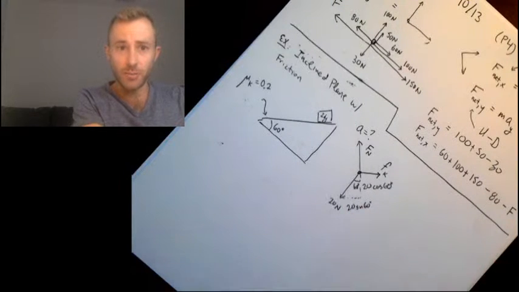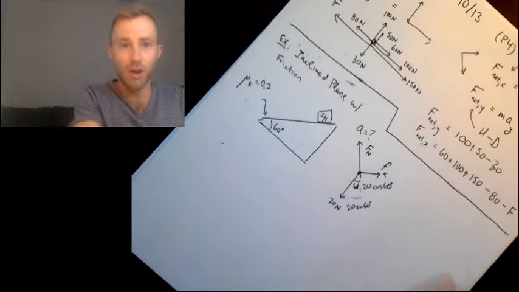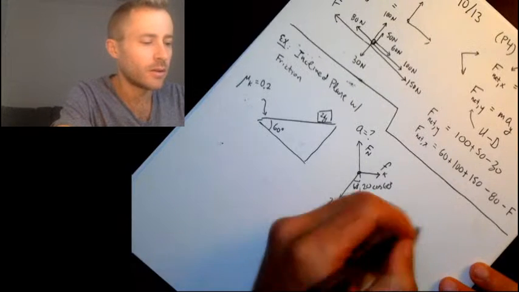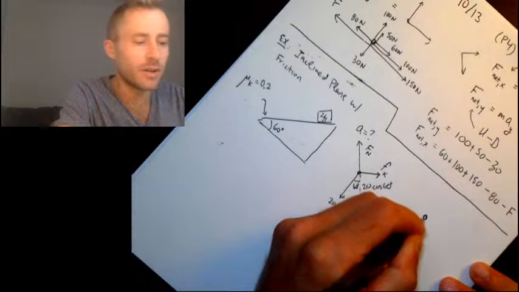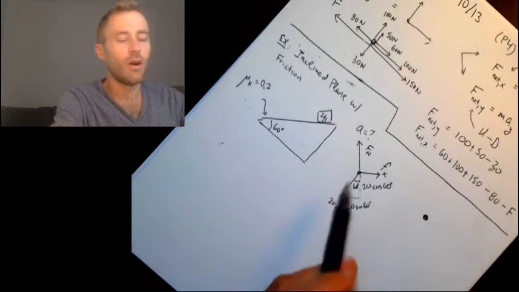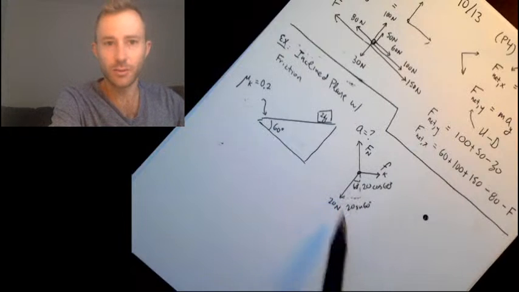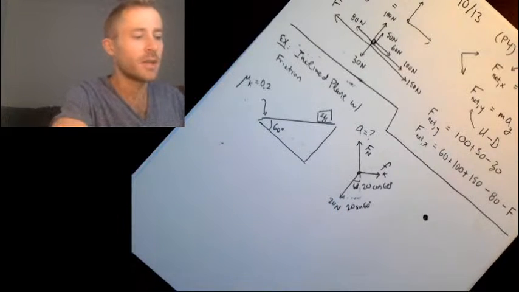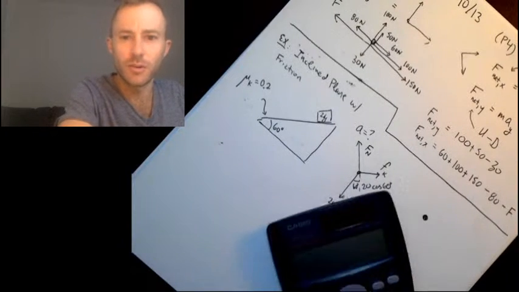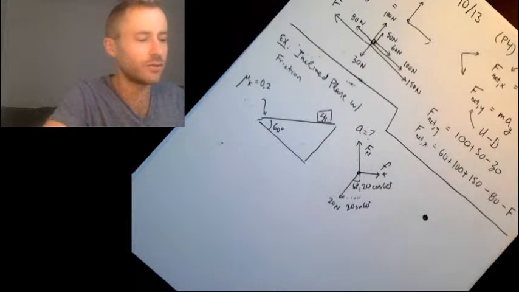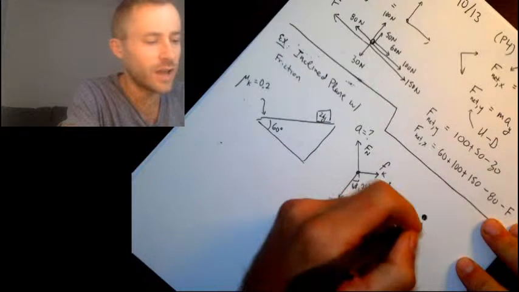So the next step, what we want to do is we want to redraw our free body diagram with all the forces being vertical or horizontal. If something is diagonal, we write it as two forces, okay? So I'm actually going to crunch the numbers. 20 cosine of 60 is 10.